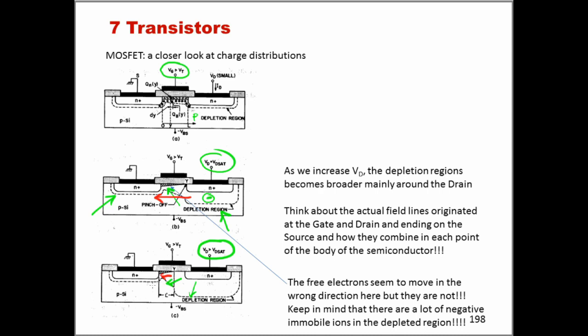Okay, so what we said several slides ago at the very beginning was good to understand what is happening qualitatively, but remember that the picture is a bit more complicated, as we've just discussed here. So we need to take into account these depletion regions to actually understand what really happens.